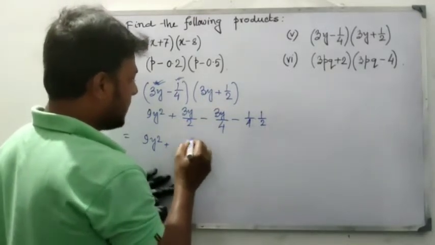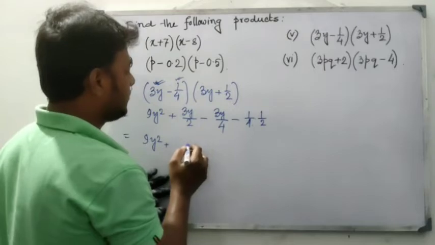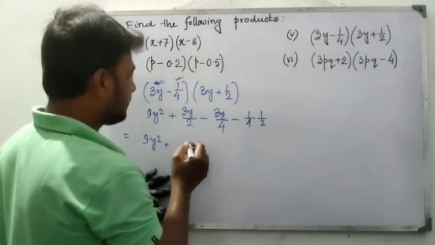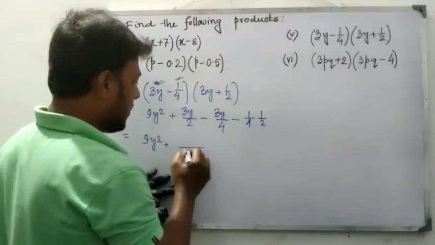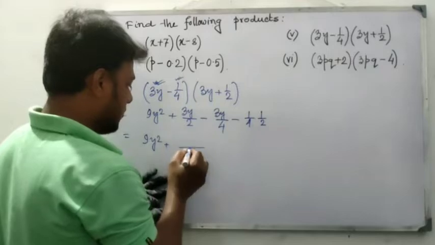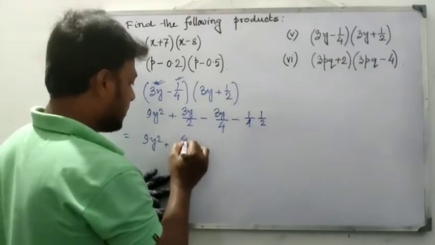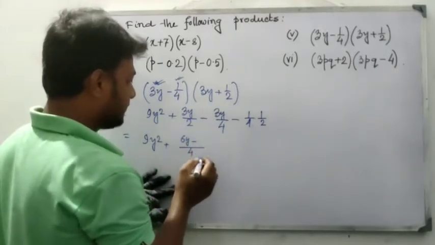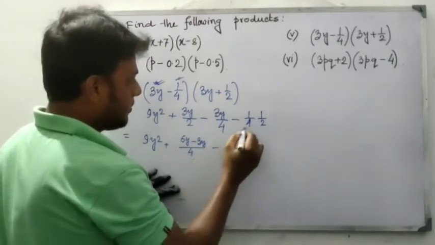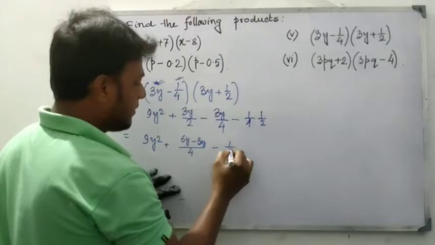So you can take LCM for these two. LCM will be 4, and 2 into 3y is 6y minus 3y, minus, for this term, 1 by 8.